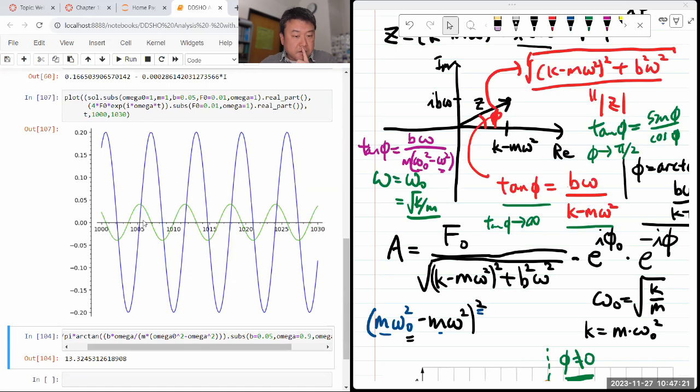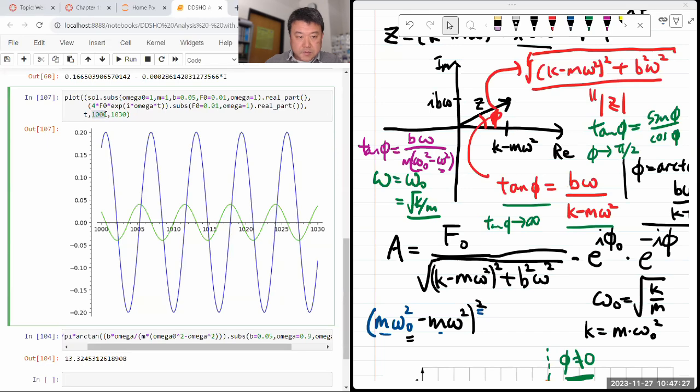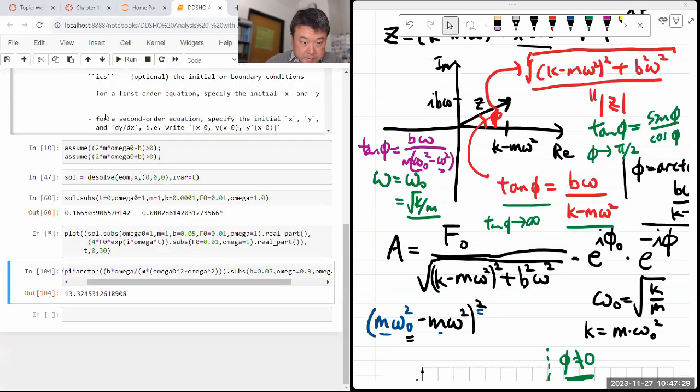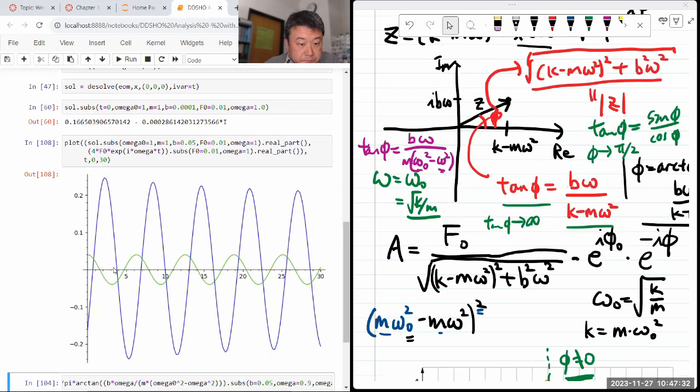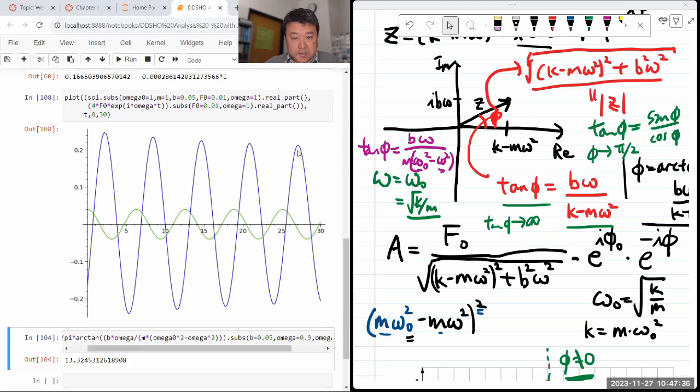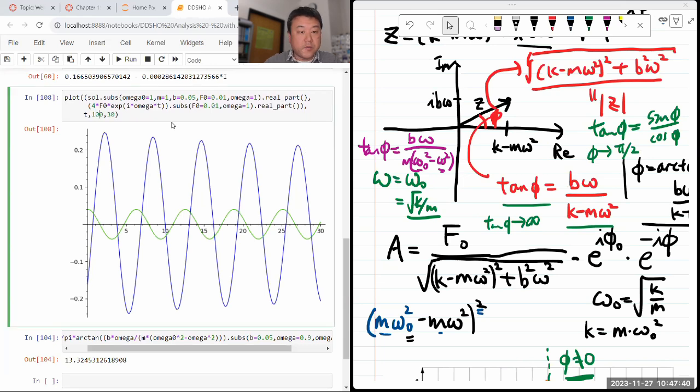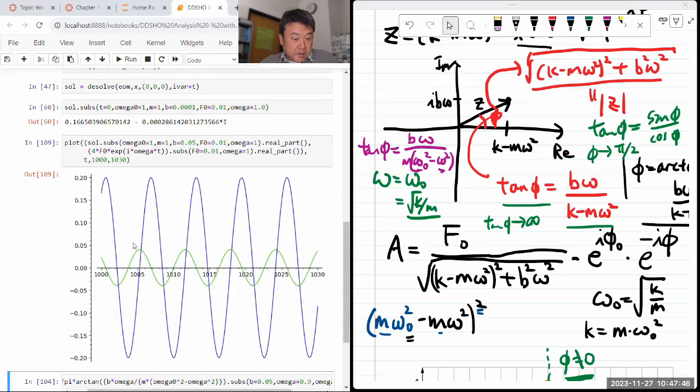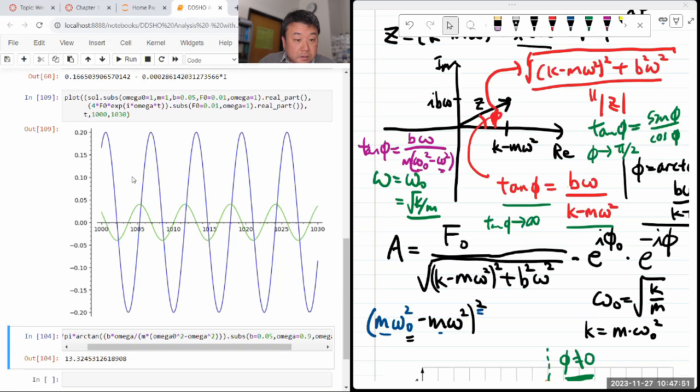right exactly on resonance, what does actually happen is they are 90 degrees out of phase. And what you see here will look a little bit different from if I plotted this from 0 to 30, because right now you have a little bit of transients. So when you've gone out to 1,000 seconds, here is where you've waited long enough, all the transients have died out, and the only thing remaining is... was it always that small?